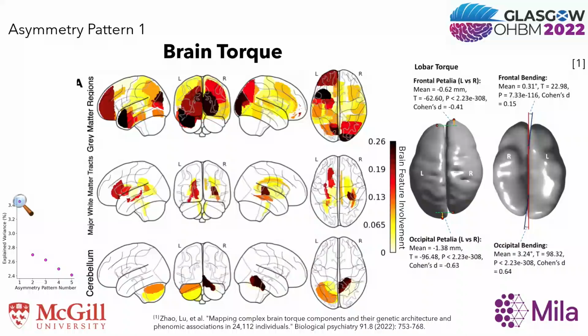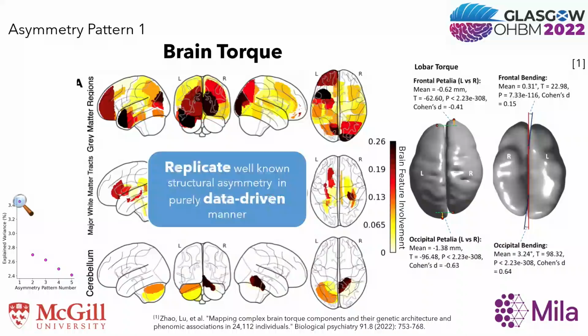This morphological characteristic is visible by eye, but has recently been shown to be absent in chimpanzees, thus potentially being human-specific. Importantly for us, we were able to recapitulate this well-known structural phenomenon in a purely data-driven way. Singular value decomposition knew nothing about this particular contralateral frontal and occipital pole enlargement, but was able to organically highlight this pattern as the most explanatory pattern in our asymmetry.